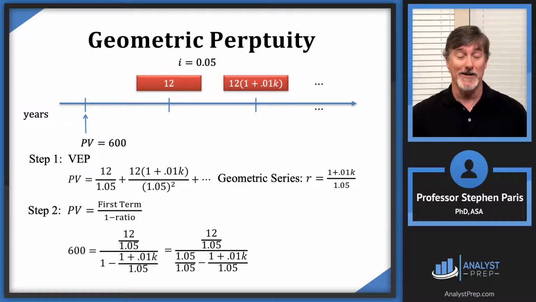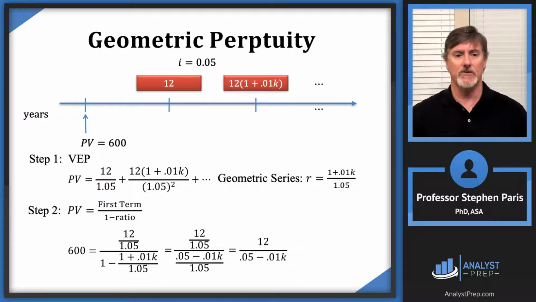I get 1.05, subtract 1 from that to get 0.05, and then also subtract the 0.01k. The expression simplifies to this. It's still a complex fraction, but now the 1.05s cancel off. Cross multiply, solve for k, and you'll get k equals 3.